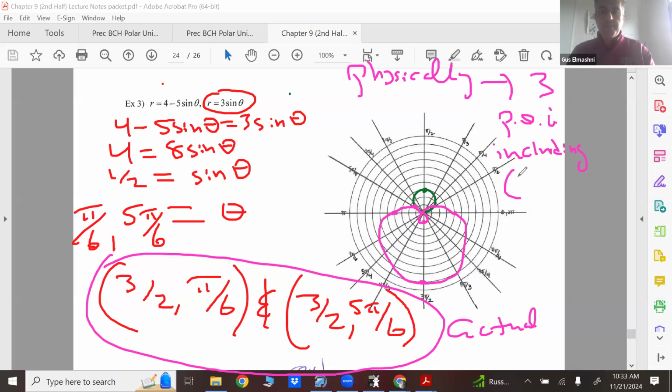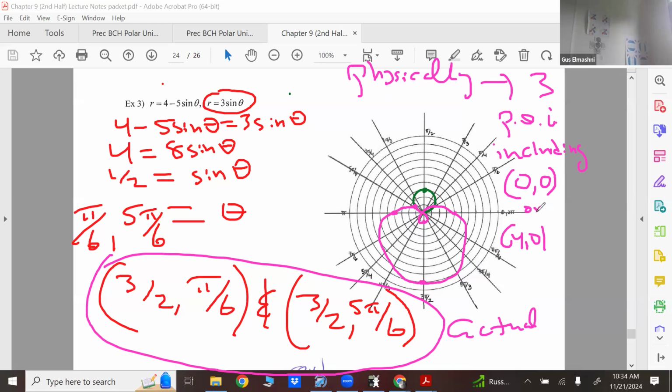Because if I do plug in, yep. Right. Because here's the deal. If I plug in 0 here, right? So this illustrates why physically it's not naturally actual.